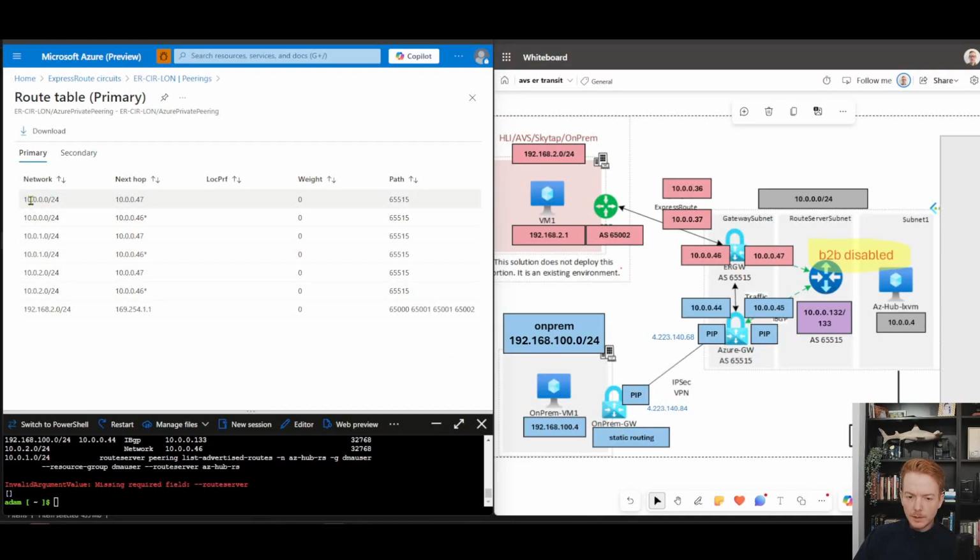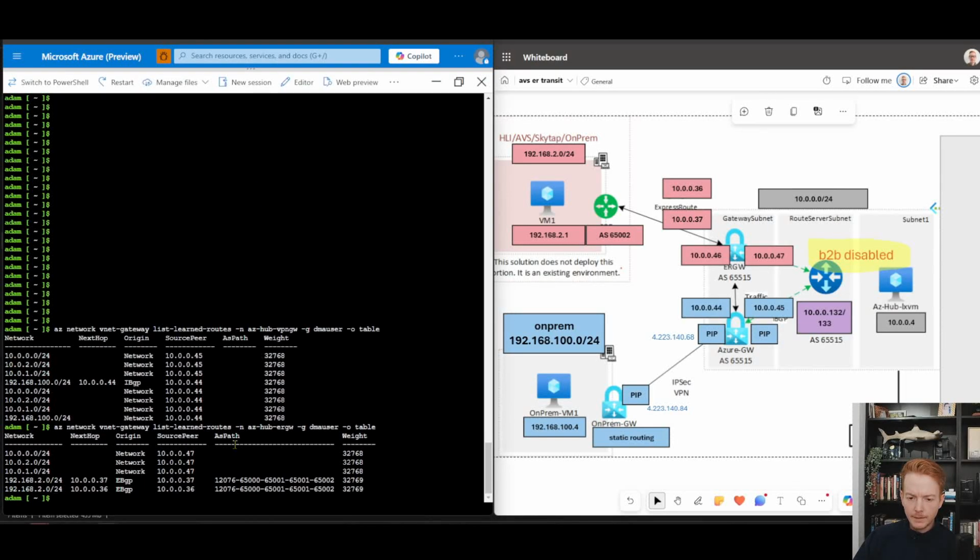Here I'm looking at the ExpressRoute routing table again. Notice now we're missing the VPN branch, 192.168.100.0. That's gone. So we've broken our transit via Azure, which route server was facilitating. And if we look at our outputs again from our gateways, they're similarly affected.